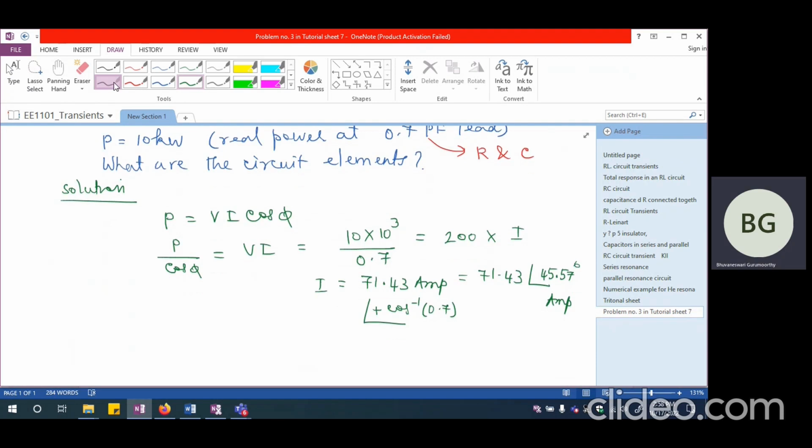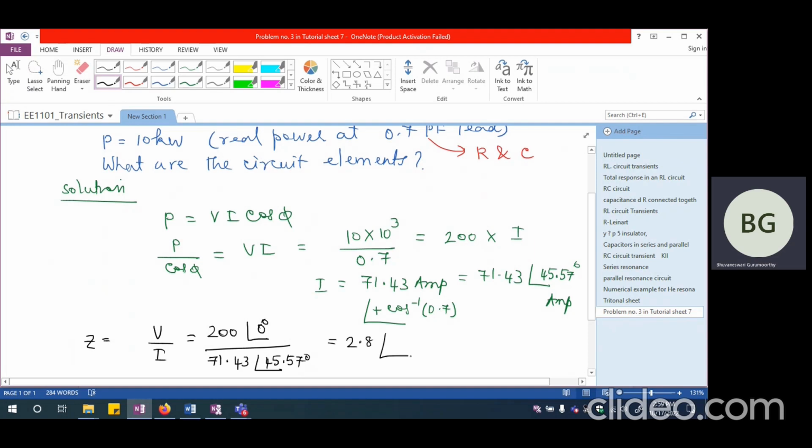So I should be able to calculate Z as V divided by I. V is 200 angle 0 if we are taking voltage as the reference, and this is 71.43 angle 45.57. So this comes out to be 2.8 angle minus 45.57.